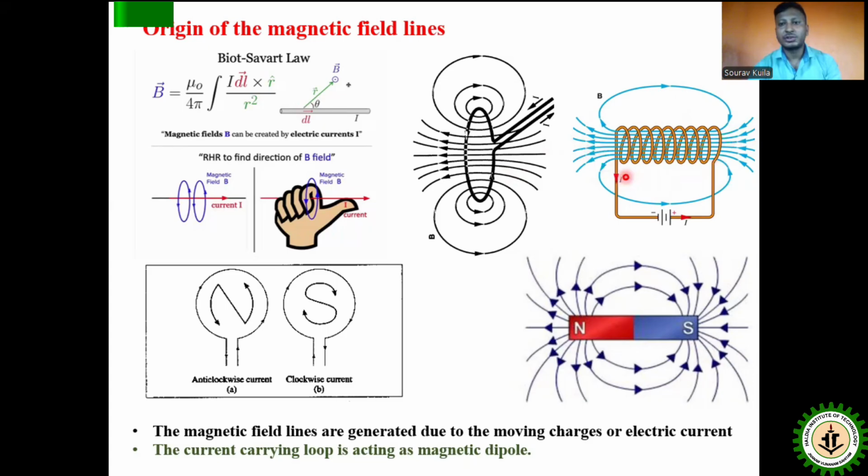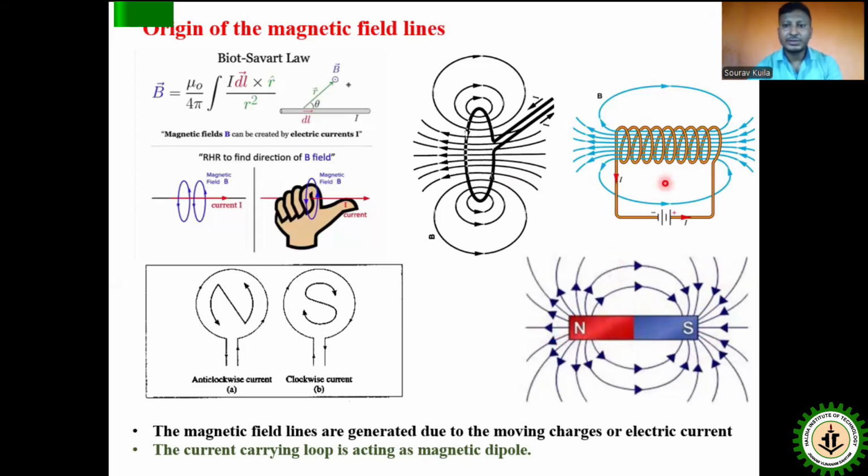This is called a solenoid. In a solenoid, you can see the magnetic field enters from one side and gets out from the opposite side, and the magnetic field lines are almost parallel inside the solenoid. If you compare with a bar magnet, in a bar magnet the magnetic field lines go into the south pole, and the magnetic field lines come out from the north pole.